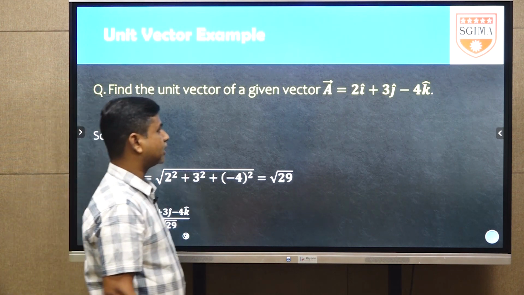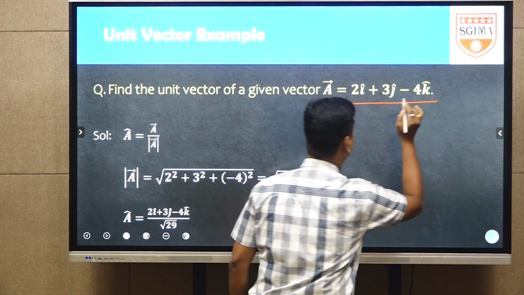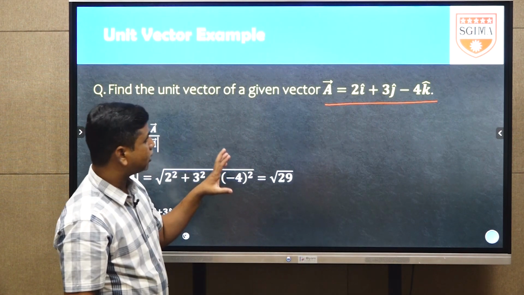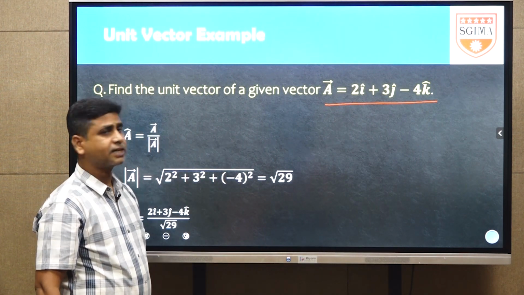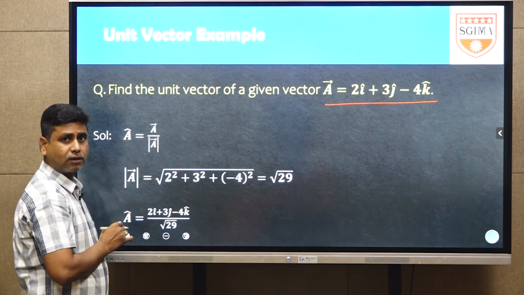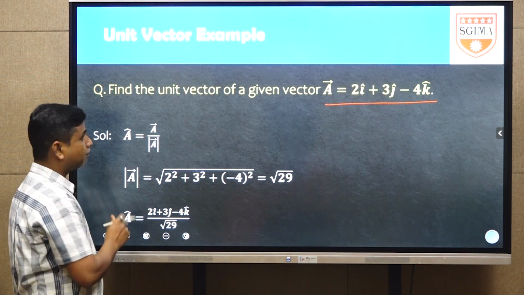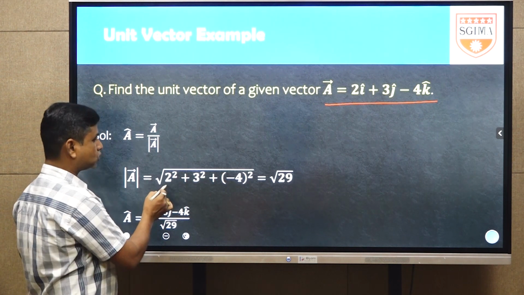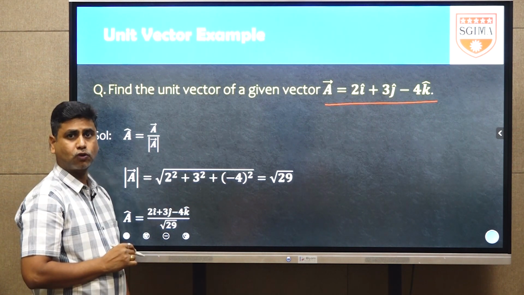Find the unit vector of a given vector. Here the given vector a bar equals 2i cap plus 3j cap minus 4k cap. Here a cap equals a bar by modulus of a bar. Find the magnitude first: under root 2 square plus 3 square plus minus 4 whole square.